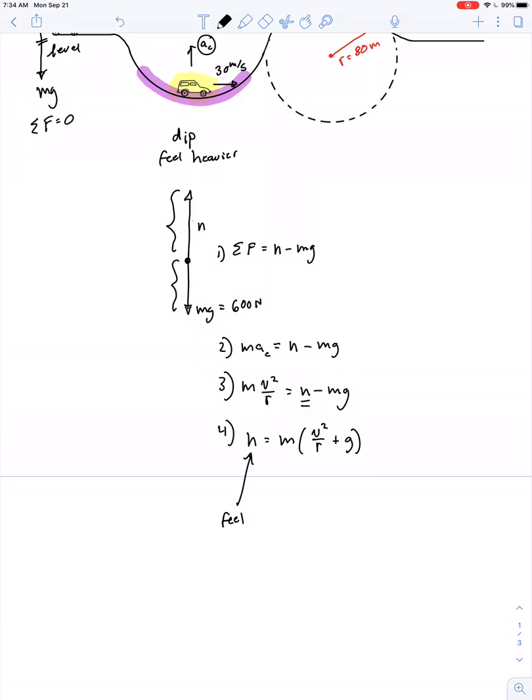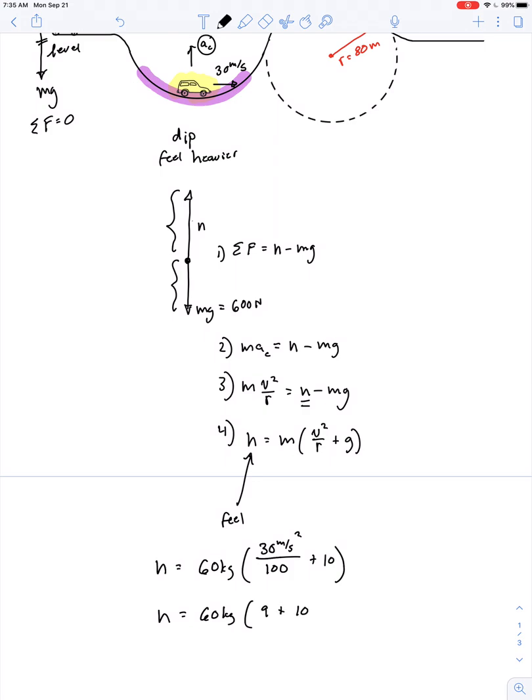In fact, in this example, you would feel 60 kilograms times the quantity 30 meters per second squared divided by 100 plus 10. So 30 squared would be 900, right? And 900 over 100 gives us 9. So the normal force would be 60 kilograms times 9 plus 10.